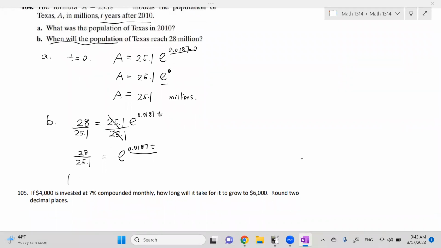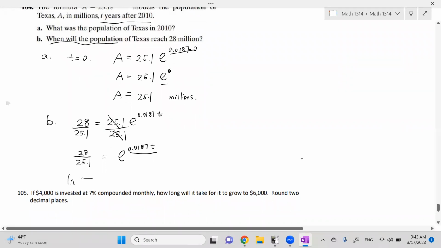Okay, take the ln because we have the base e. ln of 28 divided by 25.1 equals ln e to the 0.0187t. ln and e cancel. So we are having ln of 28 divided by 25.1 equals 0.0187t. We are looking for the t, so both sides divided by 0.0187.